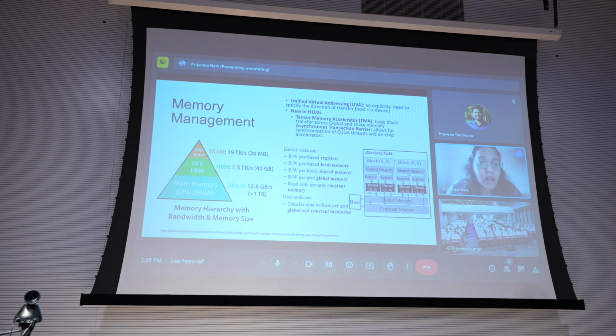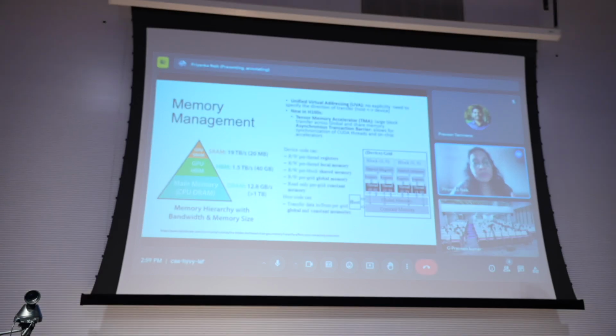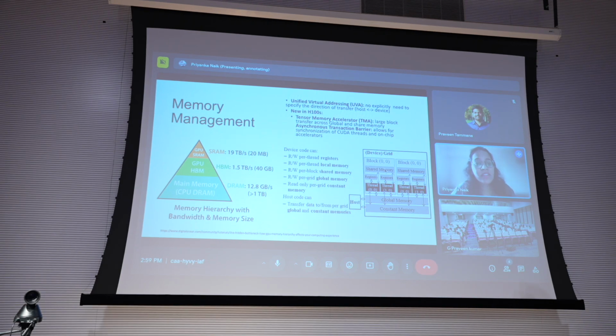And to synchronize these communications, there is a new technique called the asynchronous transaction barrier, which allows the CUDA threads running on these GPUs to synchronize properly.